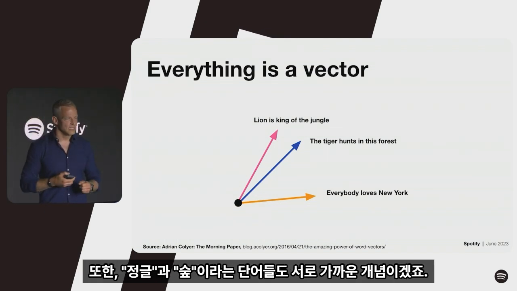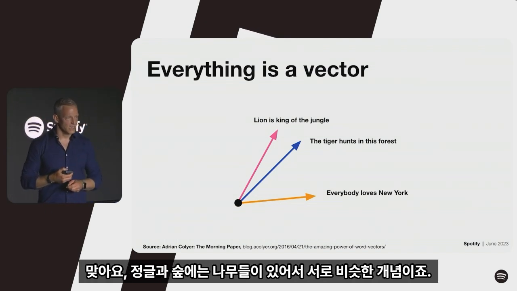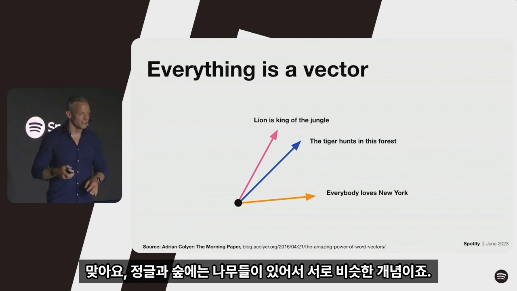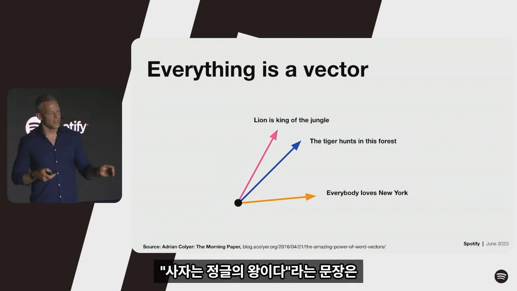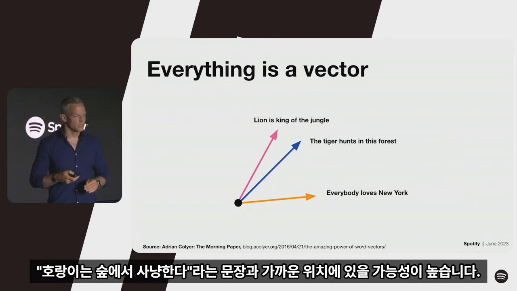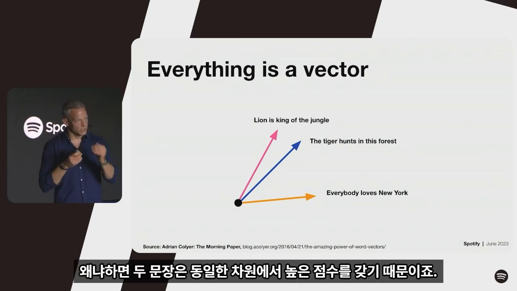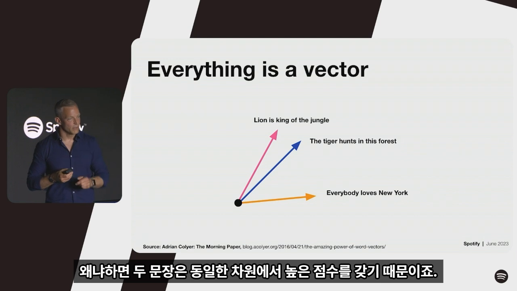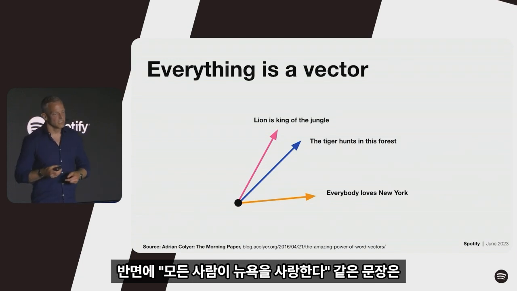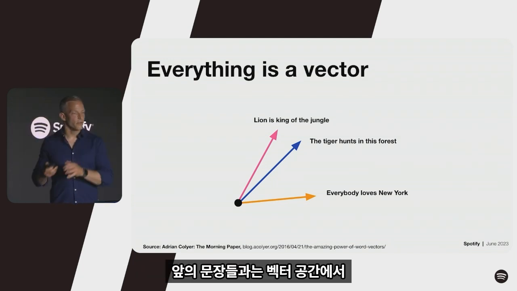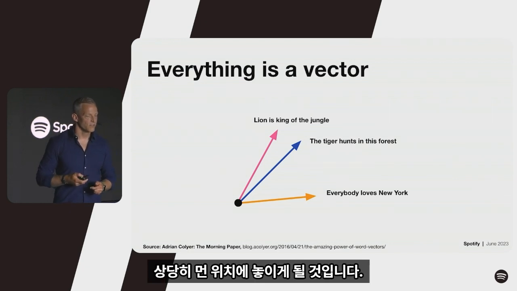Jungle and forest should be close, right? The trees in there are similar. So it makes sense to you as a human that "lion is the king of the jungle" is probably close to "tiger hunts in this forest." And if you look at the vector dimensions, it will be, because it will score high on the same dimensions. Whereas a sentence like "everybody loves New York" is probably going to be further away in this vector space from these sentences.